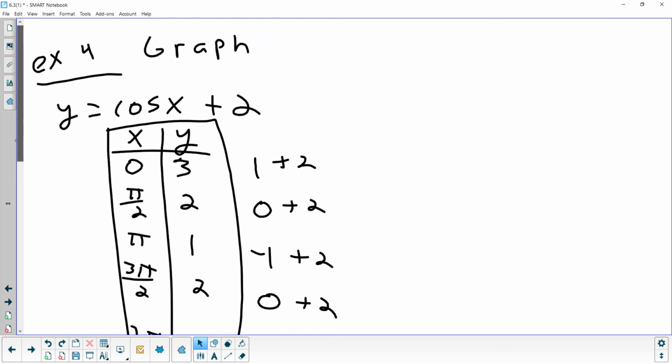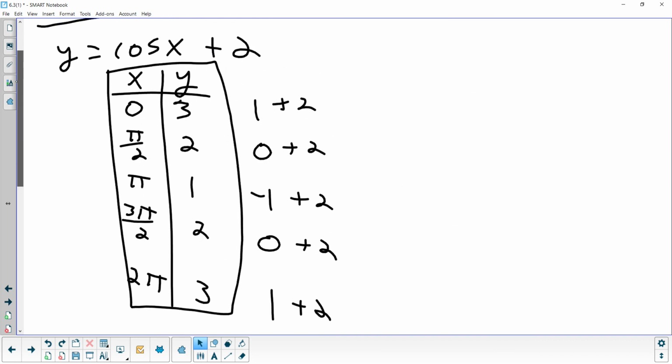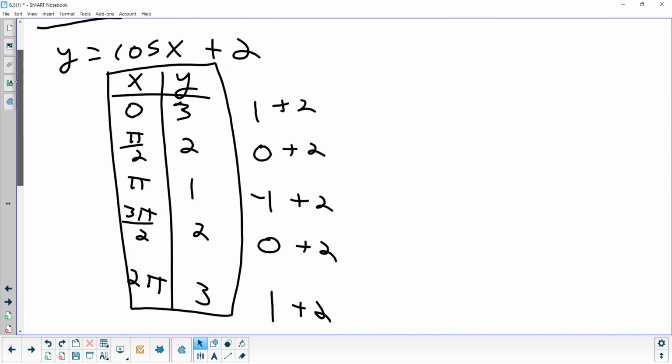And let's do a sketch. So our graph is going to be shifted up, so it's mostly going to be in quadrant 1. I try to put my labels in a spot where I'm not going to draw over them. Putting them right here is fine. I don't need to go any higher than 3. 3, 2, 1, 2, 3.